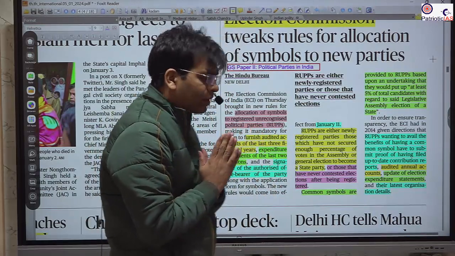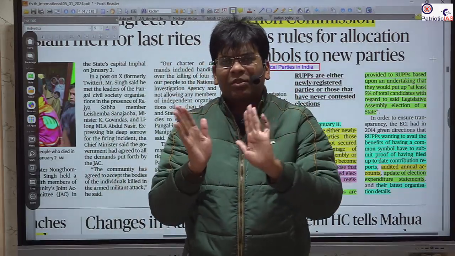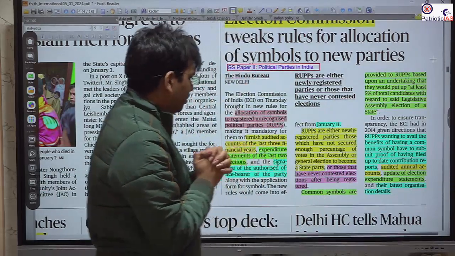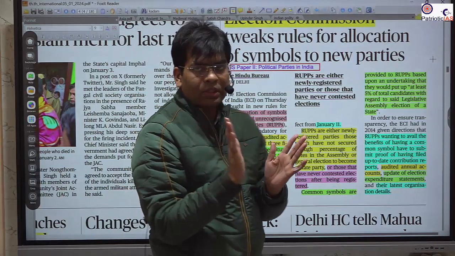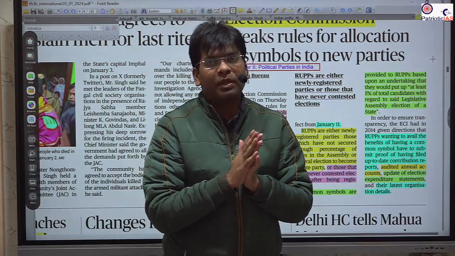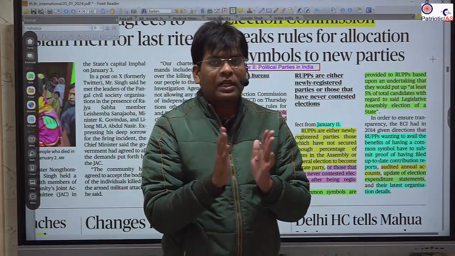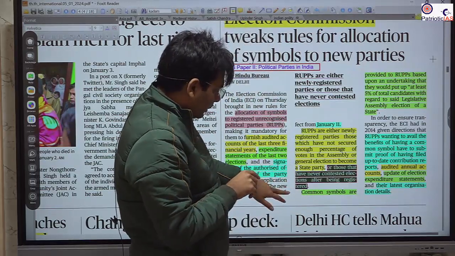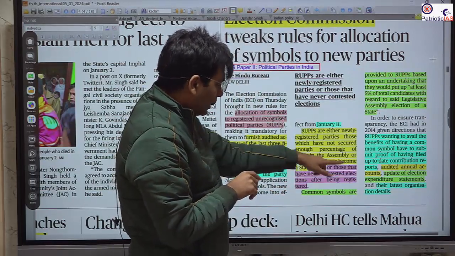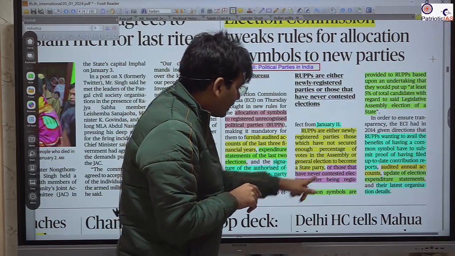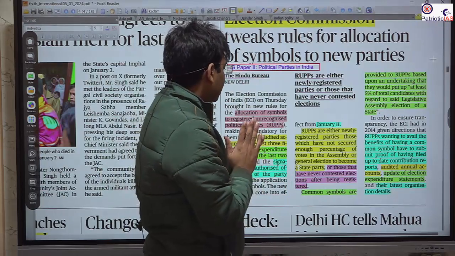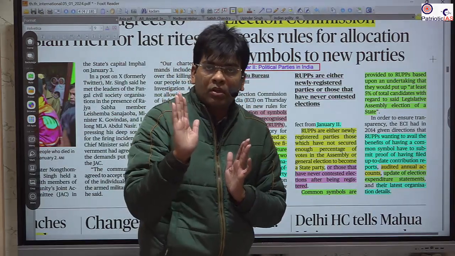There are many criteria, so you should refer to any book to know about state and national party recognition. But this second point is very important: even those that have never contested an election after being registered are considered registered unrecognized political parties.